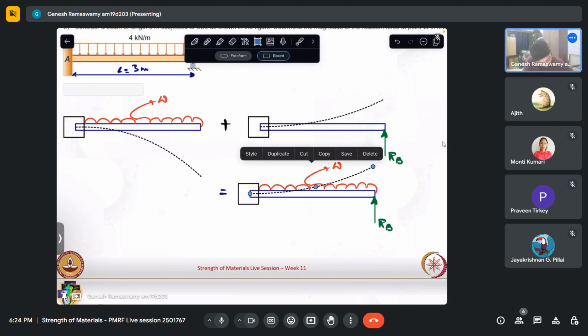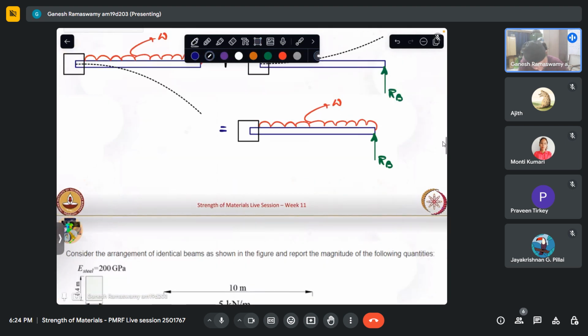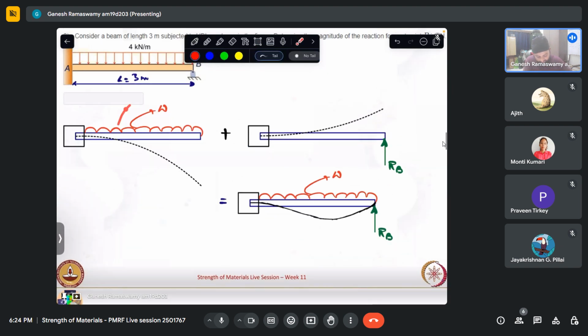In this case, this will come to 0. So the deflected shape, naturally there will be no slope here. It will go something like that. And then this will bring it back to 0. So this is the final deflected shape, which can be considered as a superposition of these two cases.